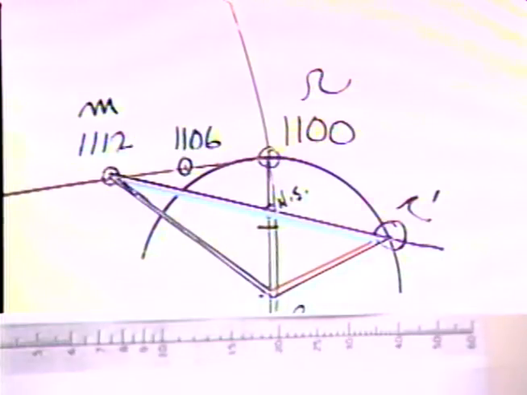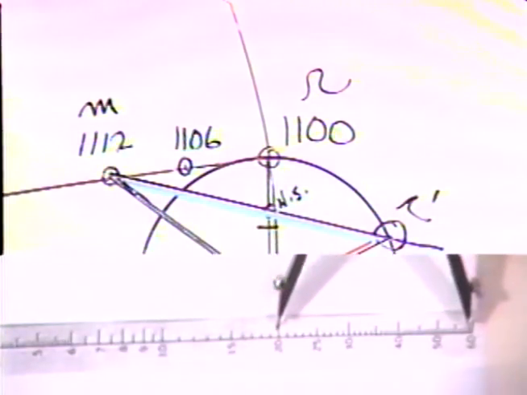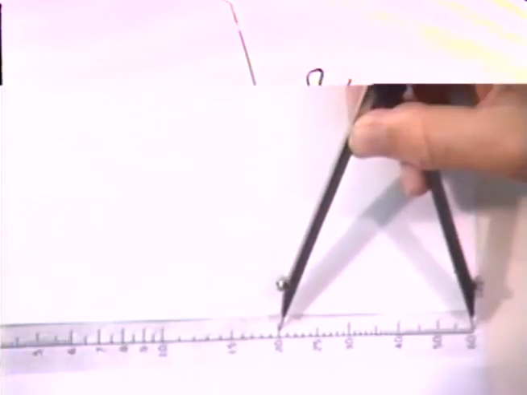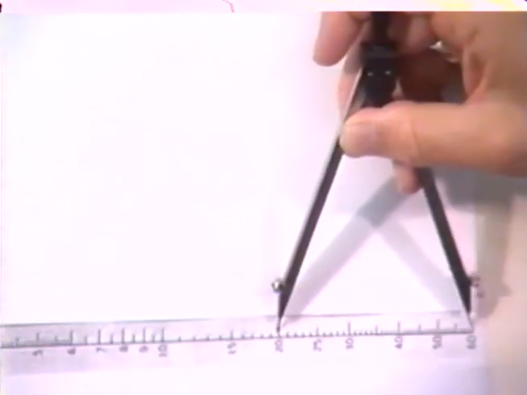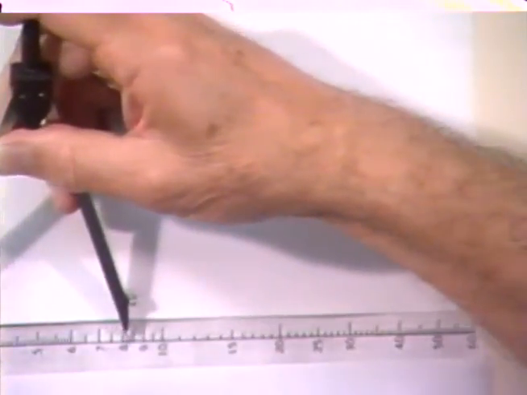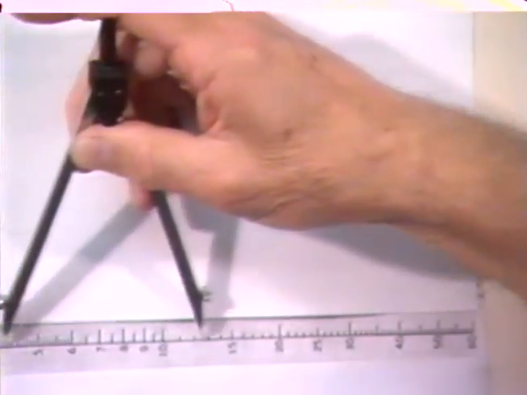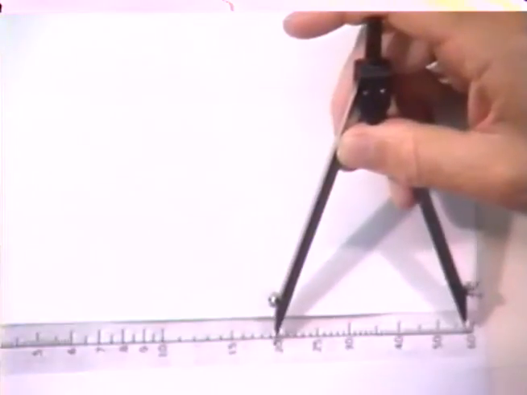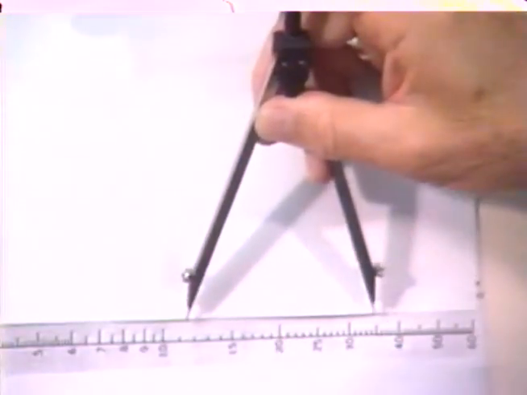For example, if your speed was 20 knots, you would put the right leg on 60, the left leg on 20. Now you would have your dividers set in such a way that they represented 20 knots. No matter where you move along this line, the right leg will be time, the left leg will be distance. And this is the second rule: right leg is always time, left leg is always distance.